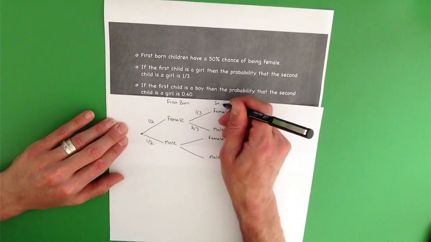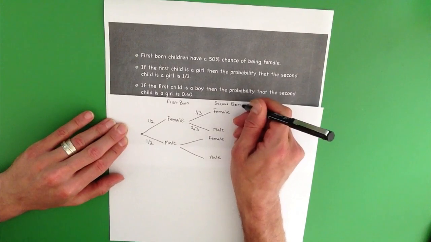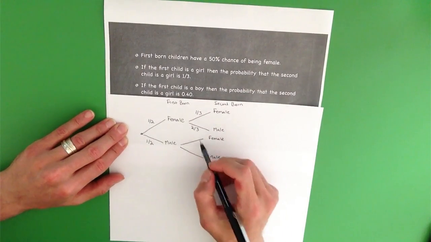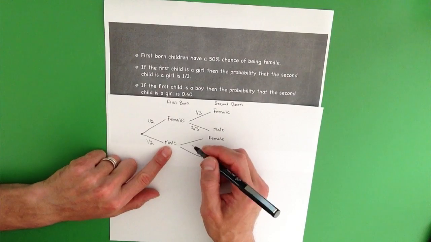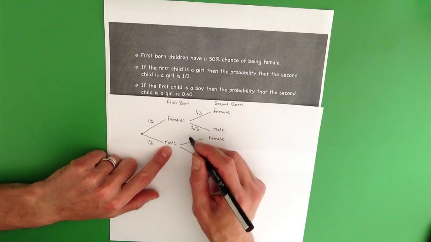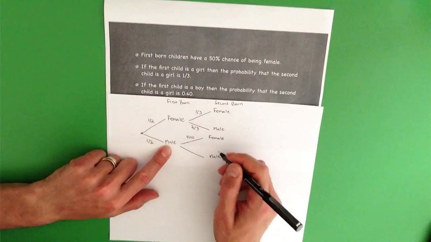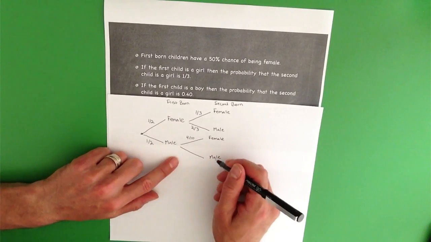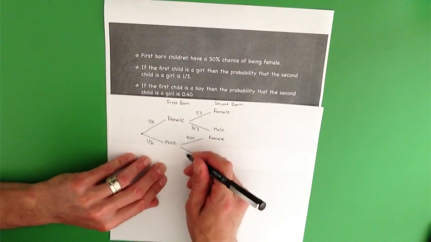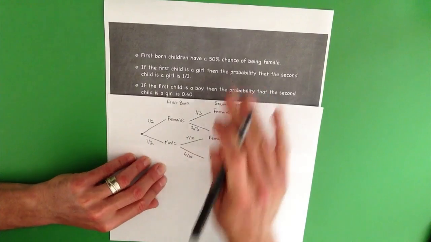Let's just write secondborn up here. Back to here. If the first child is a boy, then the probability that the second child is a girl is 0.4, or 4 out of 10. That means if the first child is a boy, the probability that the second child is a boy is 1 minus 4 out of 10, or 6 out of 10.